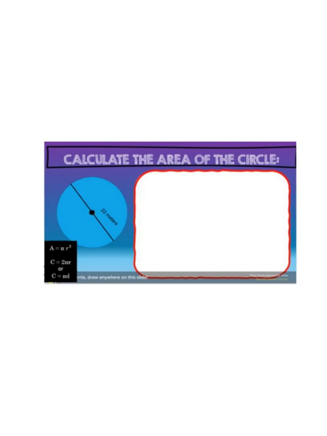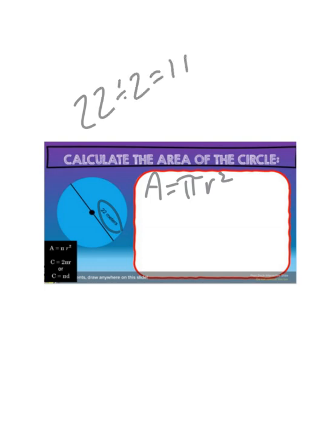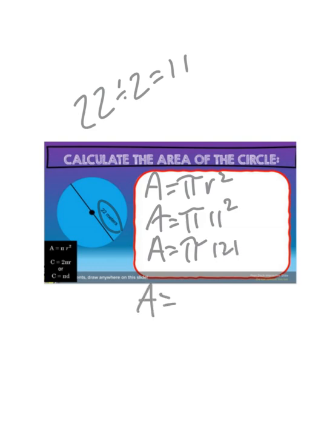Last but not least, now here's a tricky one, okay? So here we have, and I'll show you why it's tricky. I'm going to copy down pi r squared. We know the diameter is 22, so 22 divided by 2 equals 11. Area equals pi times 11 squared. Area equals pi times 121. Wait a minute, I think this is the one I already did.